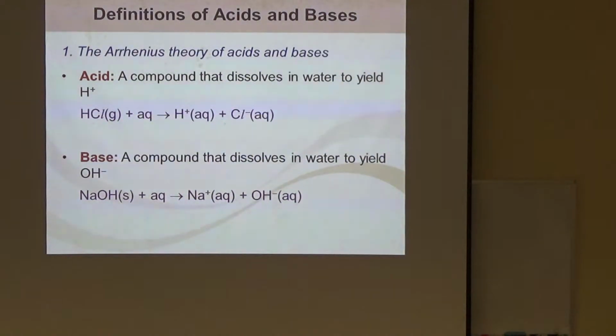So NaOH plus aq, when they write aq in the notation, it means dissolved in water, plus water. You may want to take note of that. That is what the equation is saying. HCl plus water gives H+ plus Cl-.